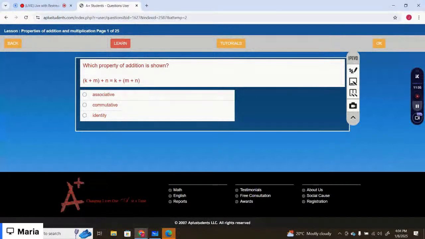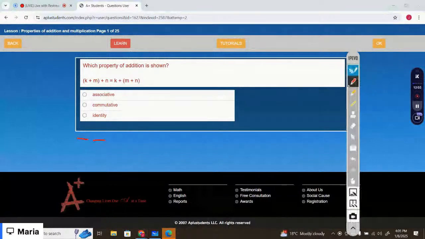Which property of addition is shown? k plus m plus n equals k plus m plus n. So which is the correct option? You have to see which property it is. When you have three numbers on both sides, just the order of addition is different and the brackets are involved.